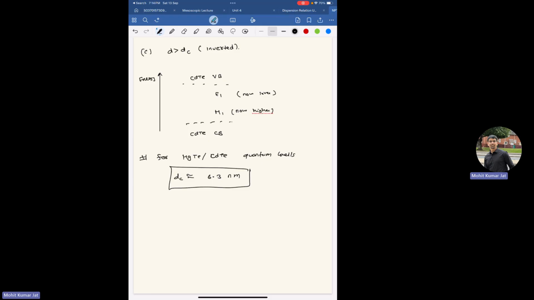Above this thickness, the well becomes inverted and the system supports the quantum spin Hall phase with helical edge states. This is the canonical number reported in the literature for these HgTe/CdTe quantum wells, and below this one, it acts like a normal insulator, semiconductor.